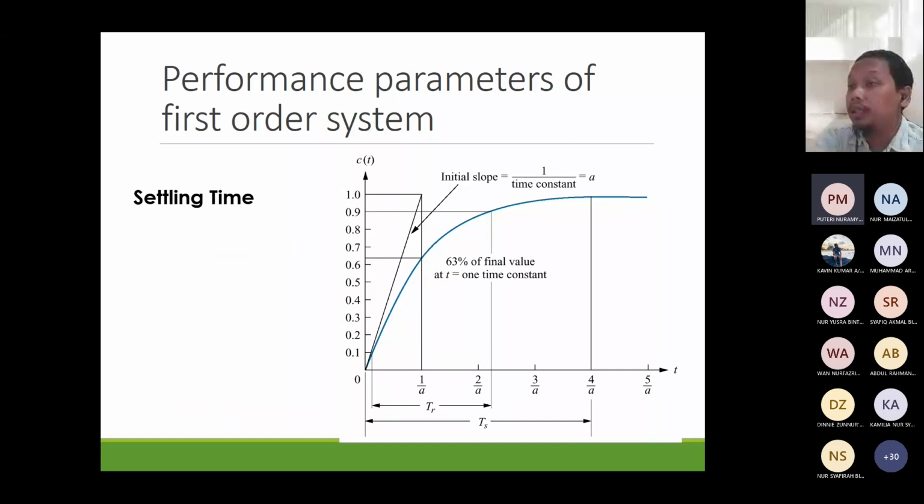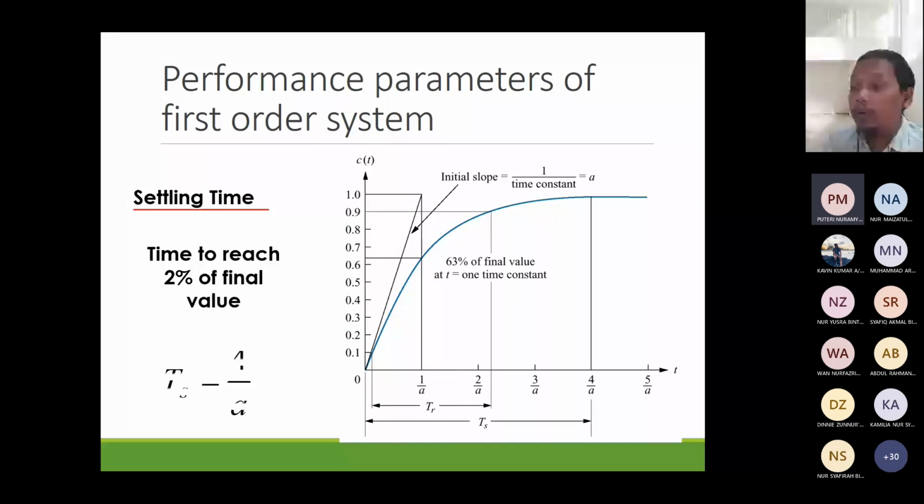And then lastly is the settling time. The settling time is the time to reach 2% of the final value, and the formula is 4 over a. So whether it comes out in the exam or not, these are just the formulas for a first order system.